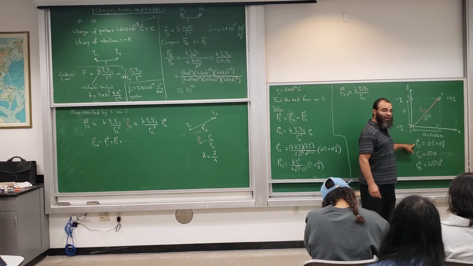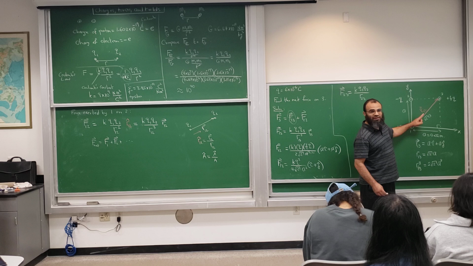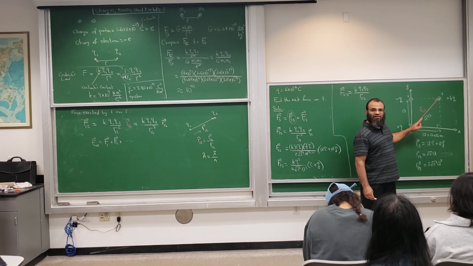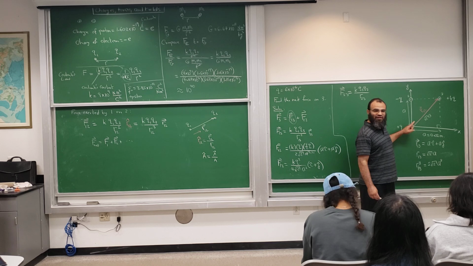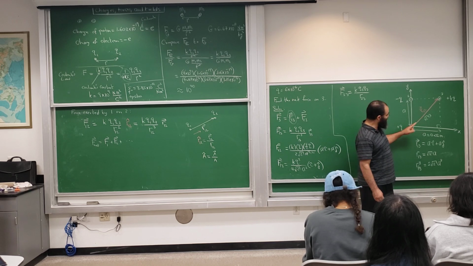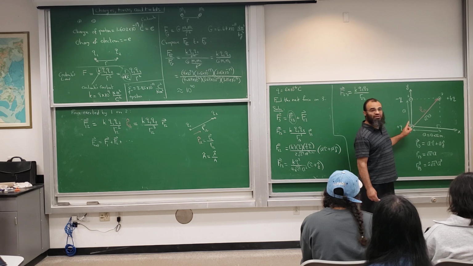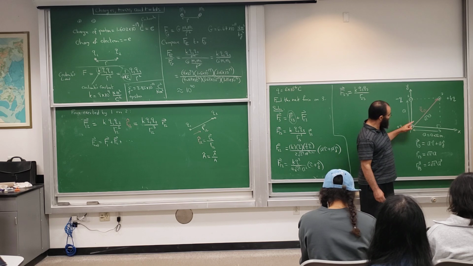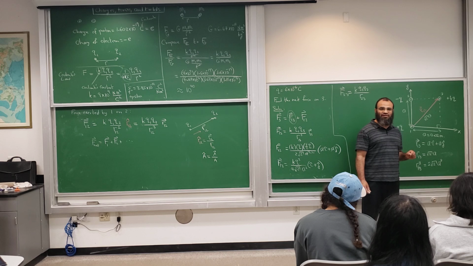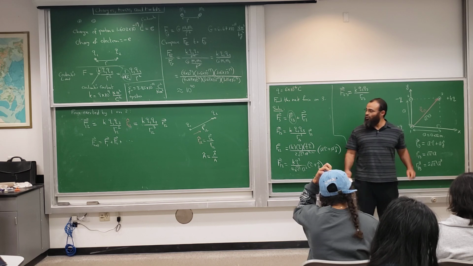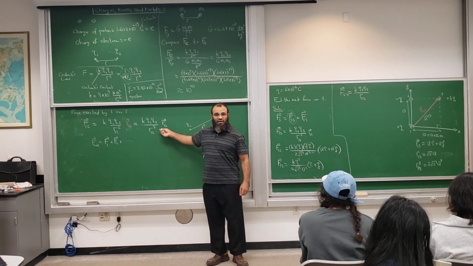But if I ask what's the unit vector that points this way, it's not obvious if you're not experienced with it. It's a combination of i hat and j hat, not easy to write immediately. So it was more convenient to use this for that case.